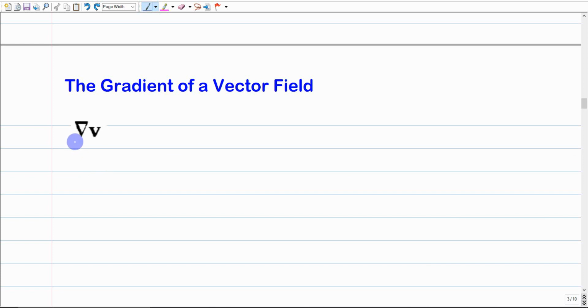Because we mentioned once before that the direct multiplication of two vectors, because nabla is a vector and v is another vector, ends up with a tensor, right? So this direct multiplication of the nabla vector and the v vector itself is known as the gradient of a vector. So intuitively you should understand that the gradient of a vector gives a tensor.